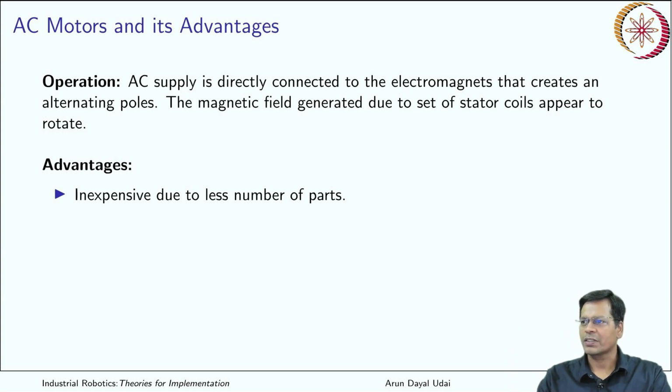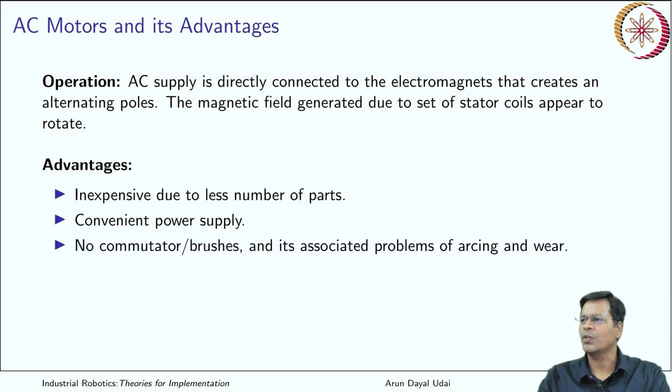It is a very convenient power supply, available everywhere. And there is no commutator and no brushes, and so none of the associated problems of arcing and wear that are very common with a standard DC motor, but not with a BLDC motor.